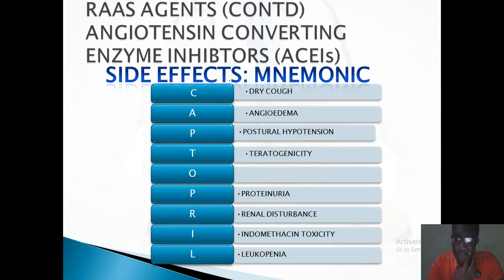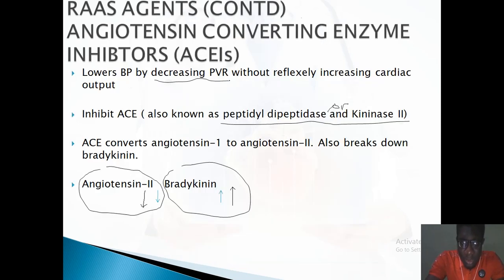Yeah, I forgot to tell you something about bradykinin. So let's go back a little. There's something very special about bradykinin as it relates to dry cough. Bradykinin has a role to play in stimulating the cough reflex.